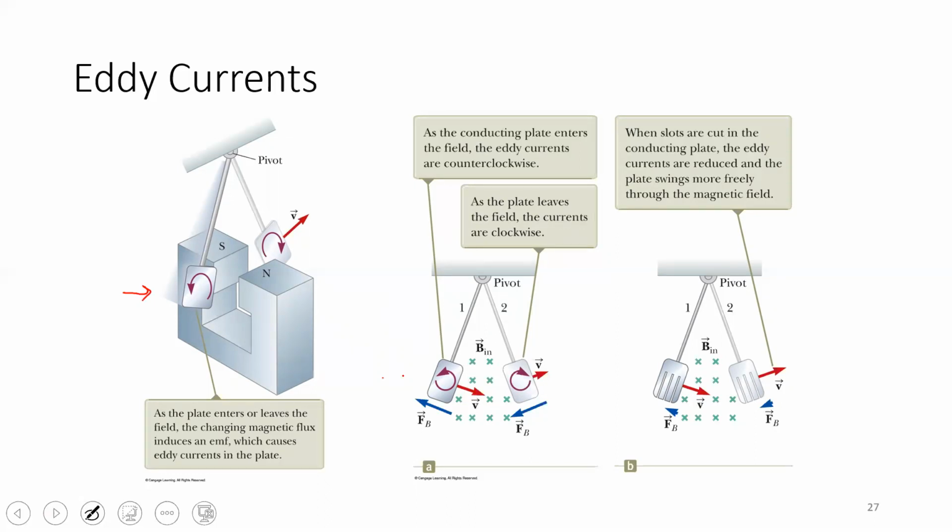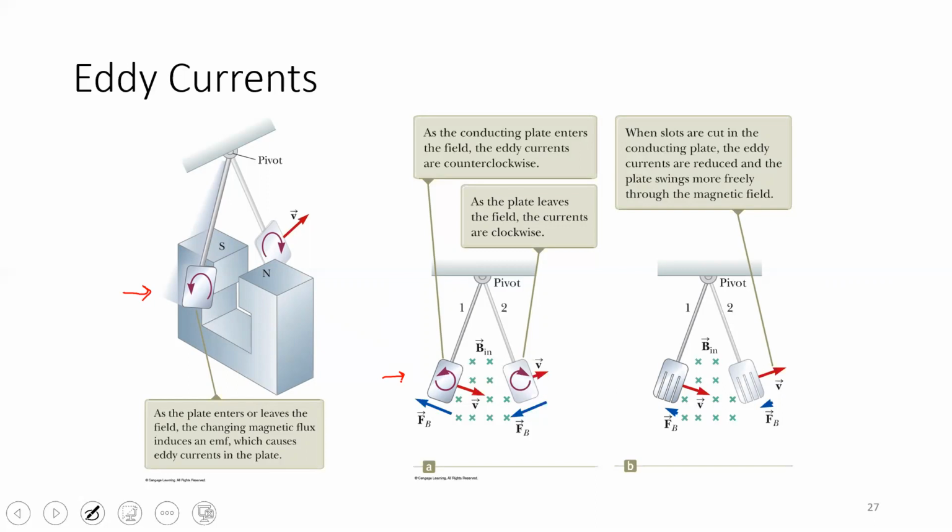As we enter or leave the region where there's a magnetic field, currents are induced that resist that change. Because the electric field producing this EMF is non-conservative, it's going to act like friction. Eddy currents like this are used for braking.